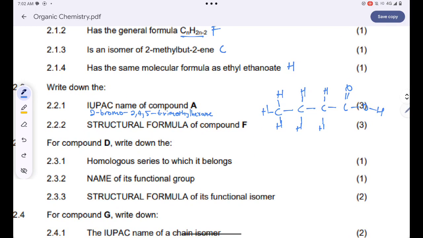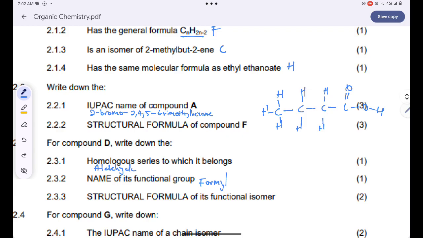Write down the homologous series to which it belongs. We just said it's an aldehyde. The name of the functional group, that's formyl. And then the structural formula of its functional isomer. Always, guys, aldehydes will always be isomers of ketones.